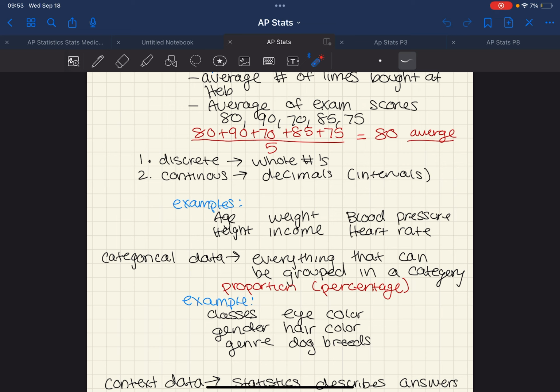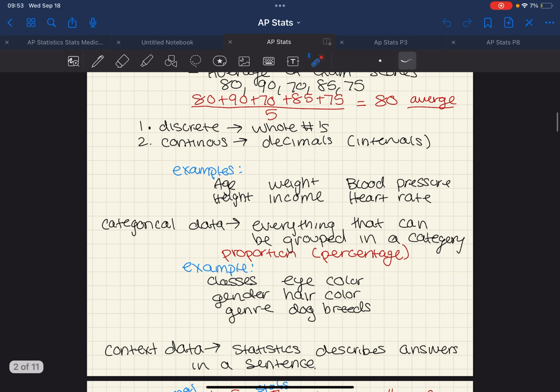Because we could not have a 7.5267 shoe size. It's not that specific within an interval of numbers. Some examples of this are age, because age is a number, income, and blood pressure.